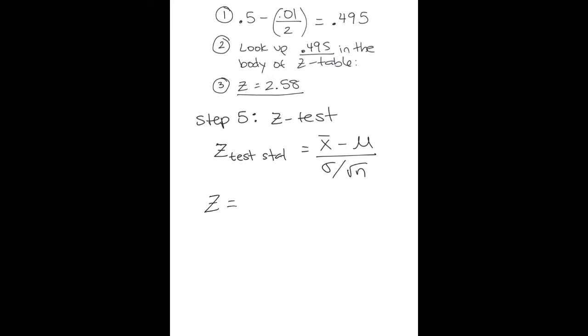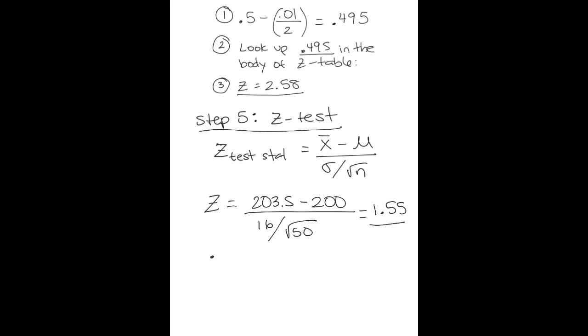So z equals 203.5 minus 200 divided by 16 over the square root of 50, and this gives us a z statistic of 1.55.